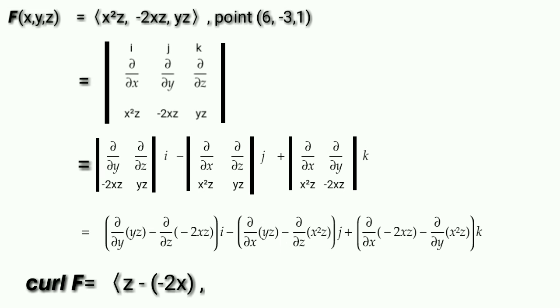That's going to be 0 minus the partial derivative of x squared z with respect to z. That would be x squared. And then, for the z component, we'll have the partial derivative of negative 2xz with respect to x. That will be negative 2z minus the partial derivative of x squared z with respect to y, and that would be 0.